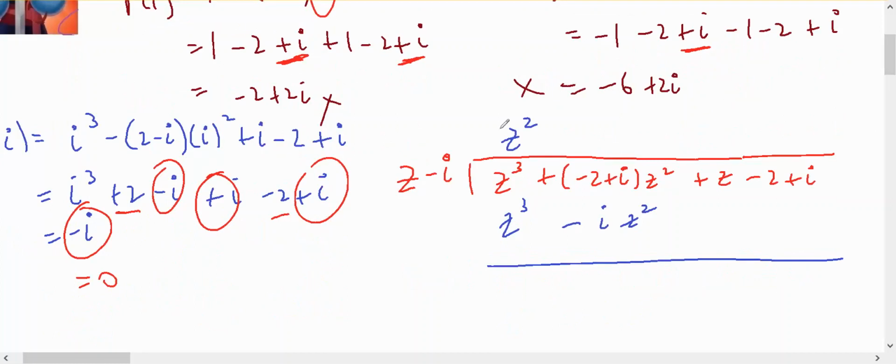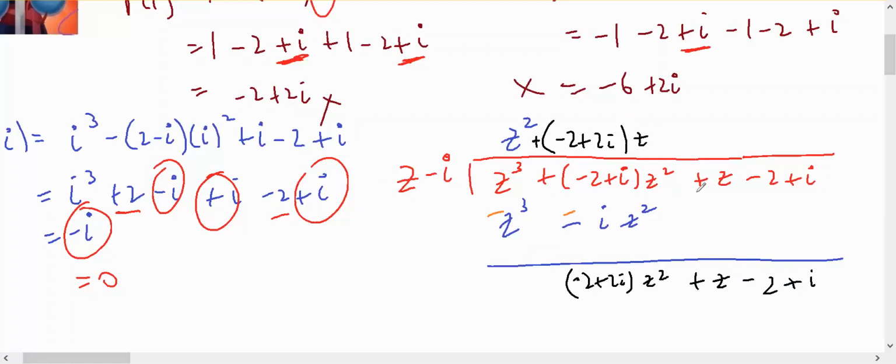When I subtract the second from the first, I'm going to end up with z cubed minus z cubed is nothing. Minus 2 plus i is minus 2 plus 2i z squared plus z minus 2 plus i. z goes into that minus 2 plus 2i z's, and that's minus 2 plus 2i z squared, and then this times minus i.